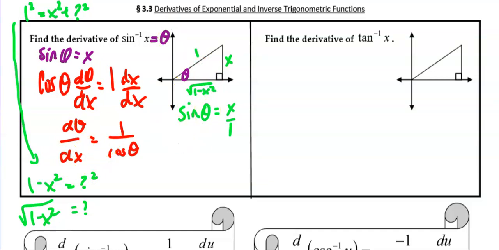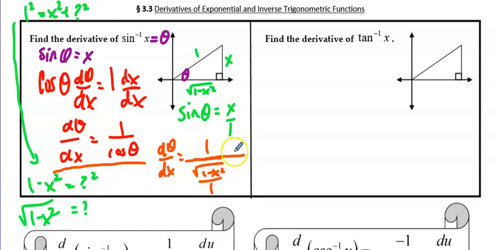Now we go back to here and say that d theta over dx is equal to 1 over cosine of theta. Cosine of theta is the adjacent side over the hypotenuse, which is just going to be 1 over the square root of 1 minus x squared.